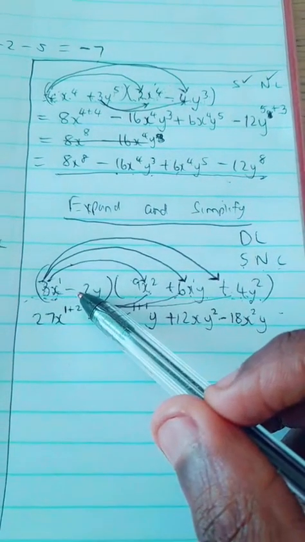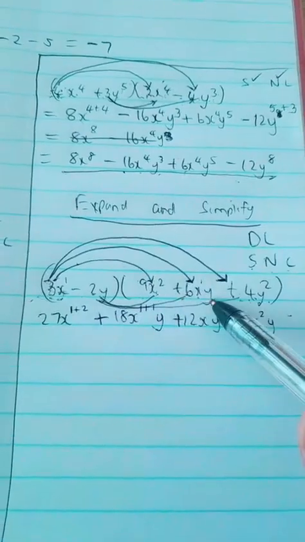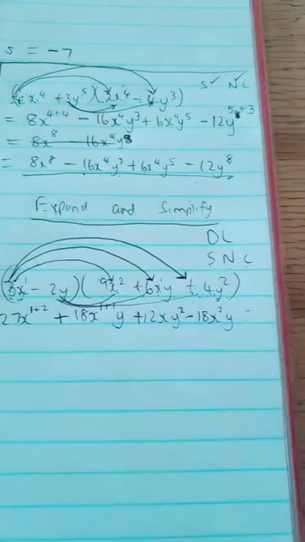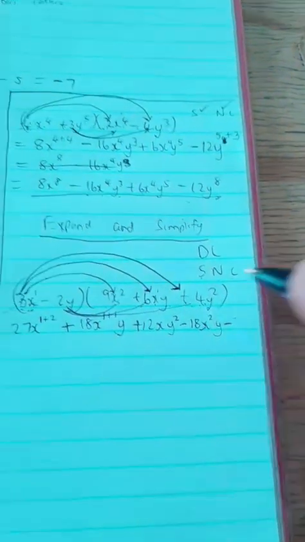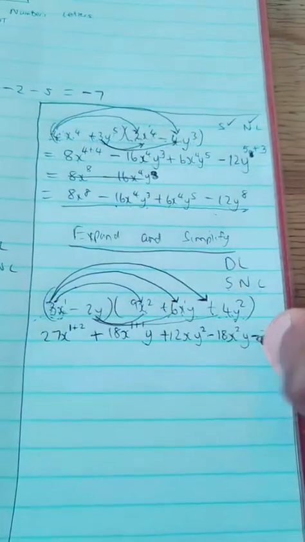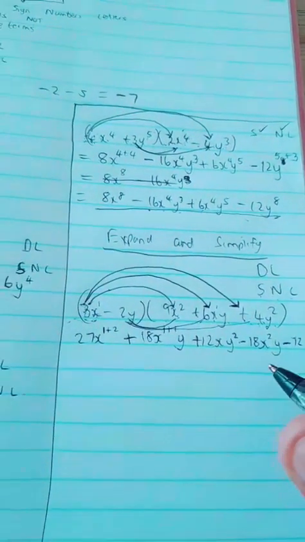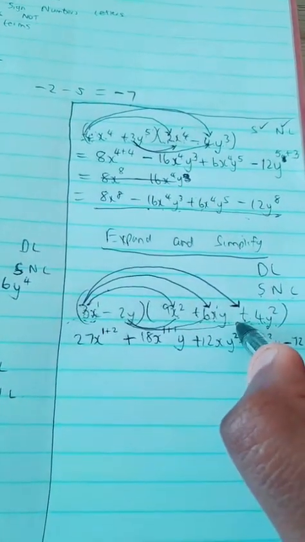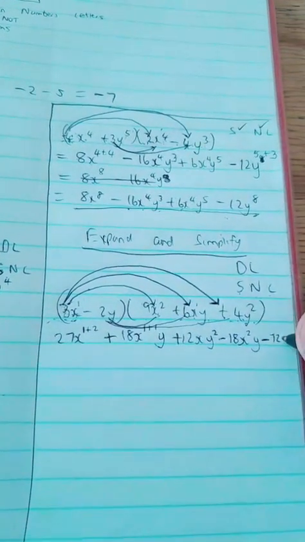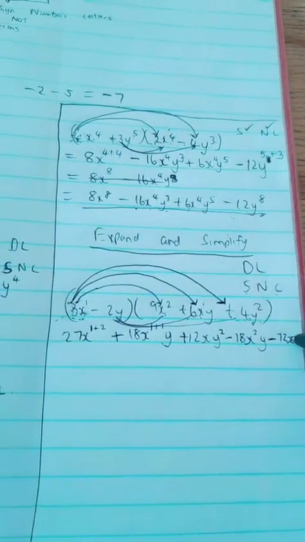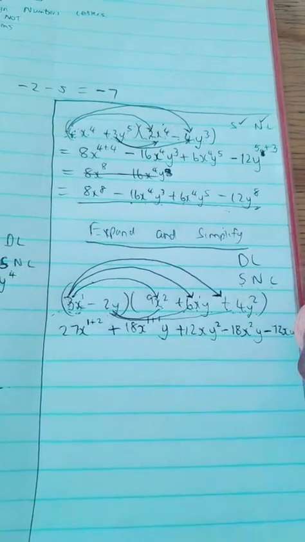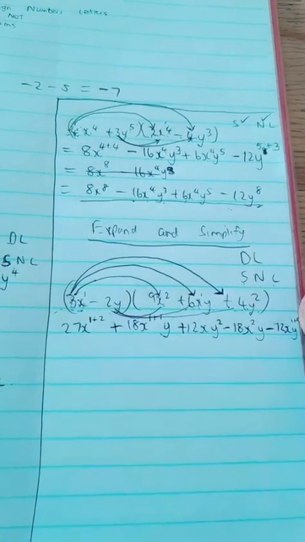Negative 2 times positive 6y. Let's go. Negative times a positive is negative. 2 times 6 is 12. Y times xy. So the x is alone. We write it as the alone man that it is. And then y times y gives y to the power 1 plus 1.